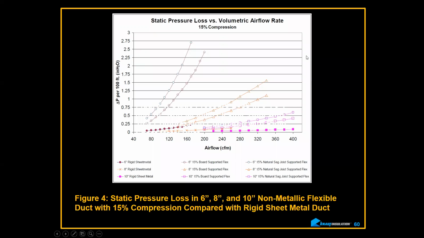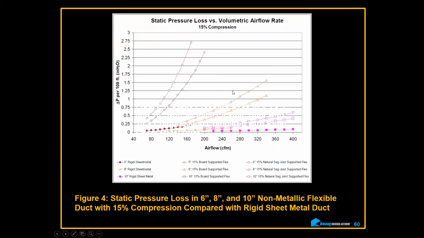I'm not going to go through this. This is at a 15% compression loss. And if you take a look, this is only a sag in it. So you can see this is a flex line right here, sag. You know, the difference in pressure in water column is between 2.75 and 0.5. So you've got 2 more inches of water column here than you do here, the other way around, sorry.